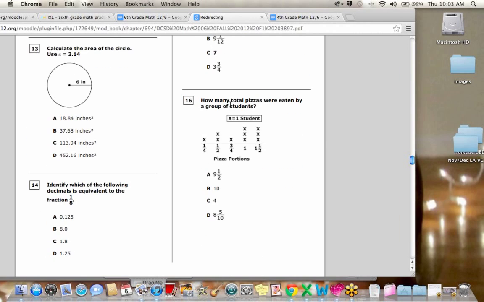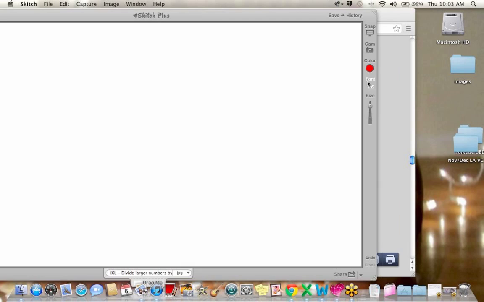Okay, pizza. How many total pizzas were eaten by the group of students? So basically I have to add 1/4 of a pizza plus 1/2 a pizza plus 1/2 a pizza plus 3/4 of a pizza and so forth. So I'm going to just rewrite it. Okay, here we go.